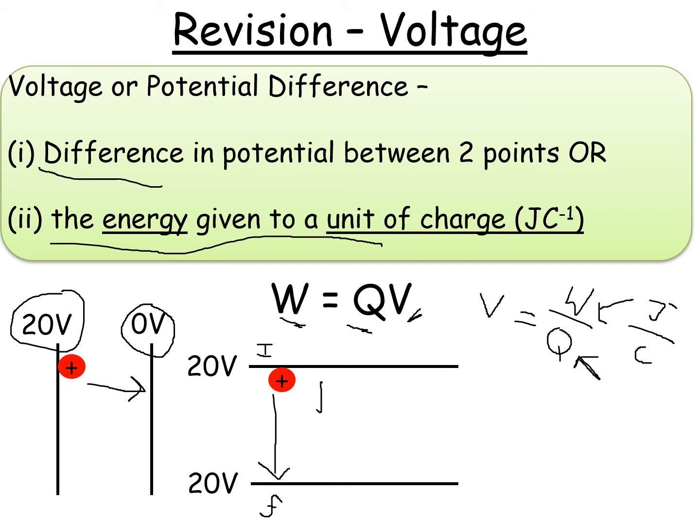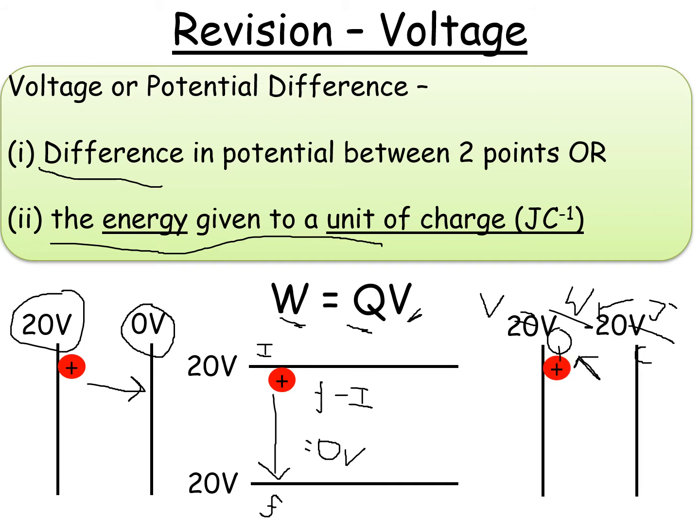Well, it would be the final minus the initial, which would mean it's 20 minus 20. So the potential difference there is 0 volts. In actual fact, that charge wouldn't move at all, because if we think about our second definition, potential difference is the energy given to a unit of charge. If it's 0 potential difference, that means it has 0 energy per charge.